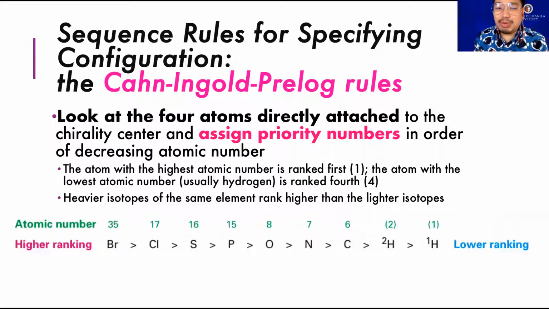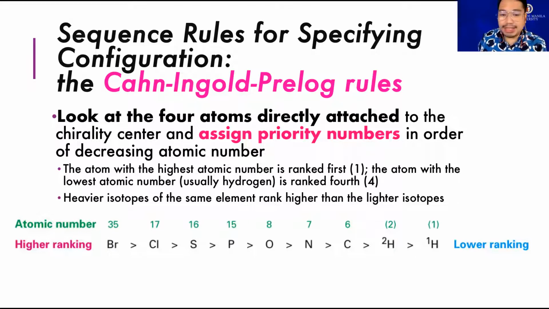So we have to be able to determine which finger on our chiral center is which. And that depends on their size. So we're going to apply these Cahn-Ingold-Prelog rules, or the CIP rules, to assign priority numbers to each atom bonded to our chiral center. Or if not an atom, then a group.